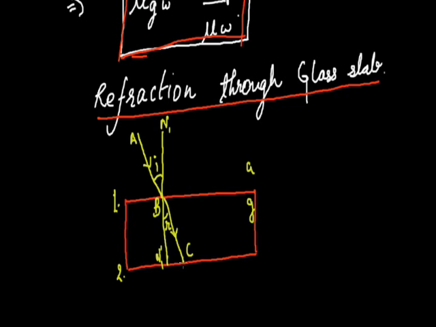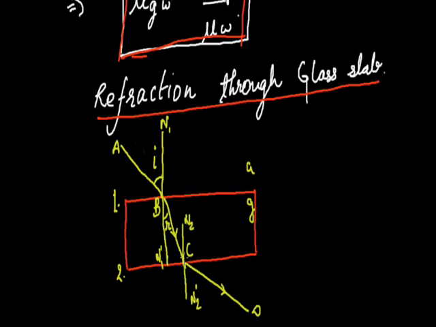When the ray BC falls on the second interface, it undergoes the second refraction. For the second refraction we have a normal, say N2, N2 dash, and the ray which comes at the second interface bends away from the normal.